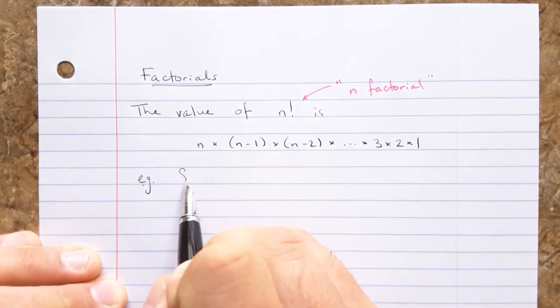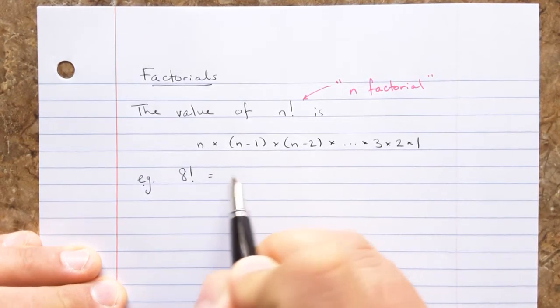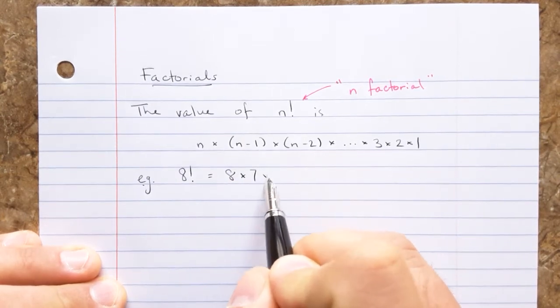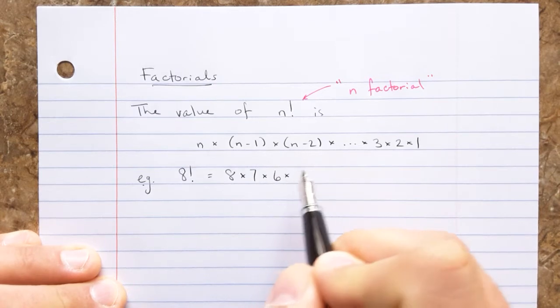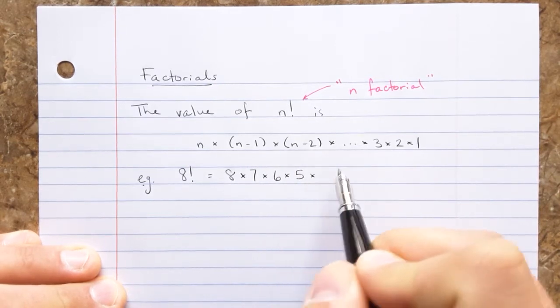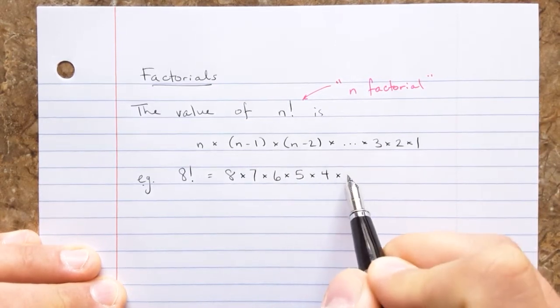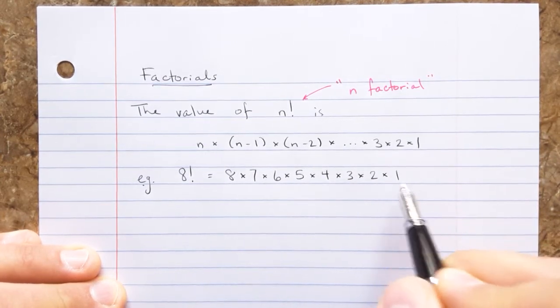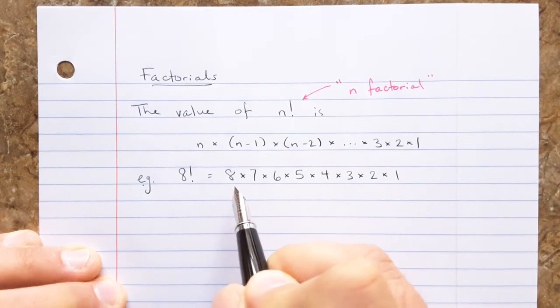The number 8 factorial is 8 times 8 minus 1, 7, 8 minus 2, 6, and this pattern gets followed all the way down. It's the product of all the numbers from 1 up to n, the number that we're talking about.